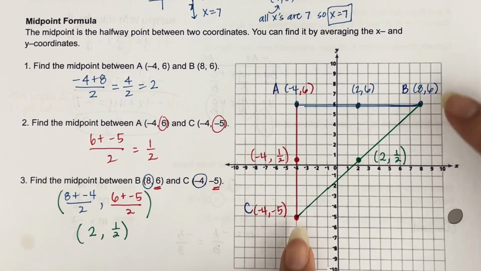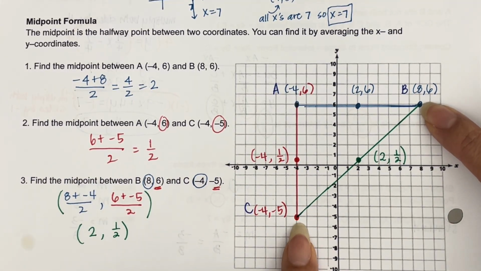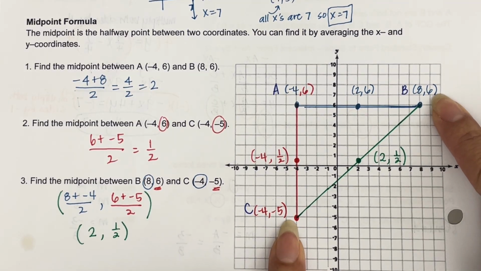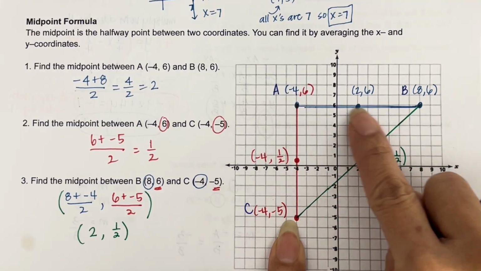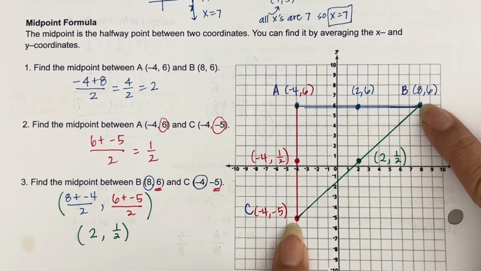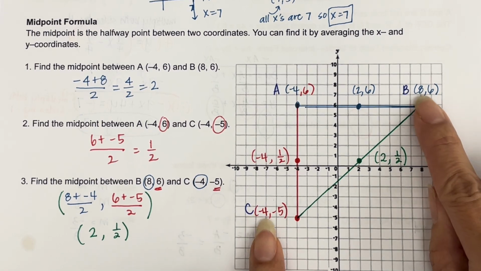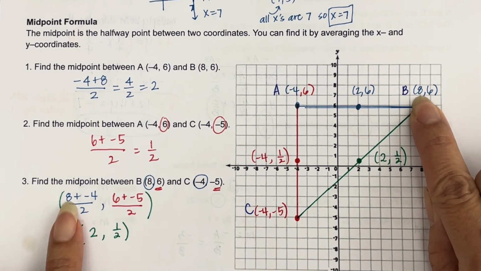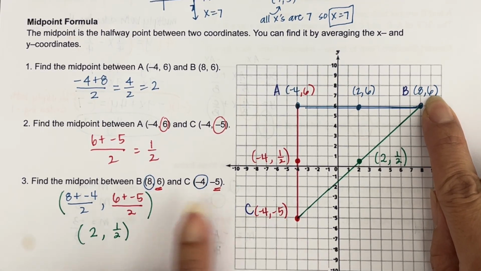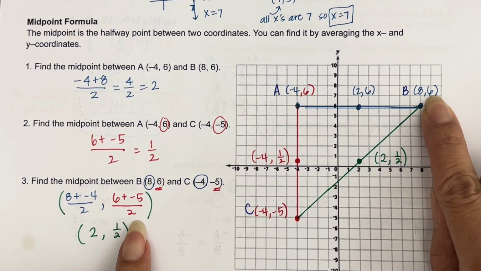Now I'm going to take the midpoint between B and C, which is (8, 6) and (-4, -5). So instead of doing it in two parts, where I find the x and then I find the y, I'm going to do it in one step. So I'm going to take the two x's, 8 plus -4, average that, and then I'm going to take the two y values, add them together, and average them.